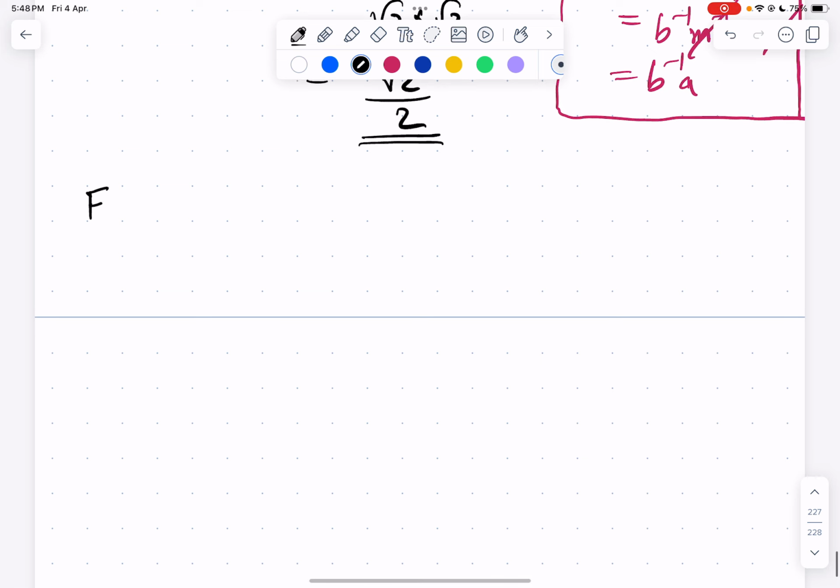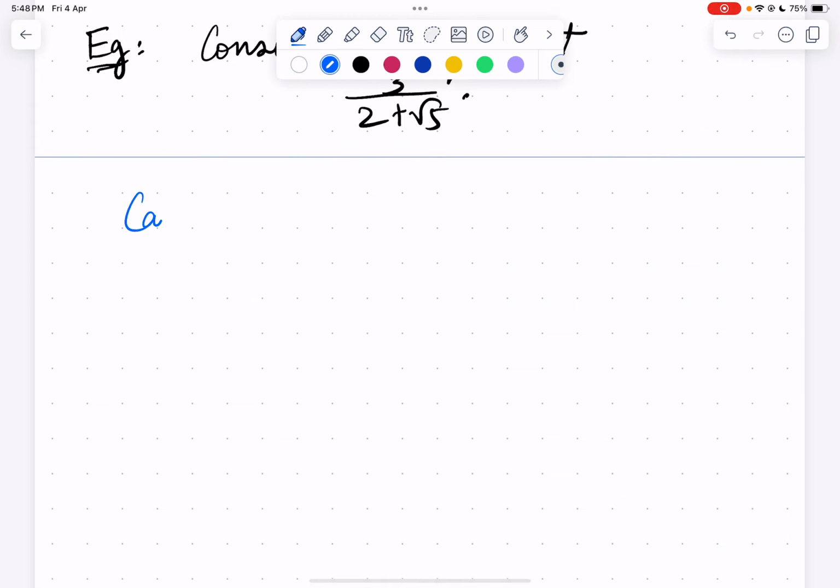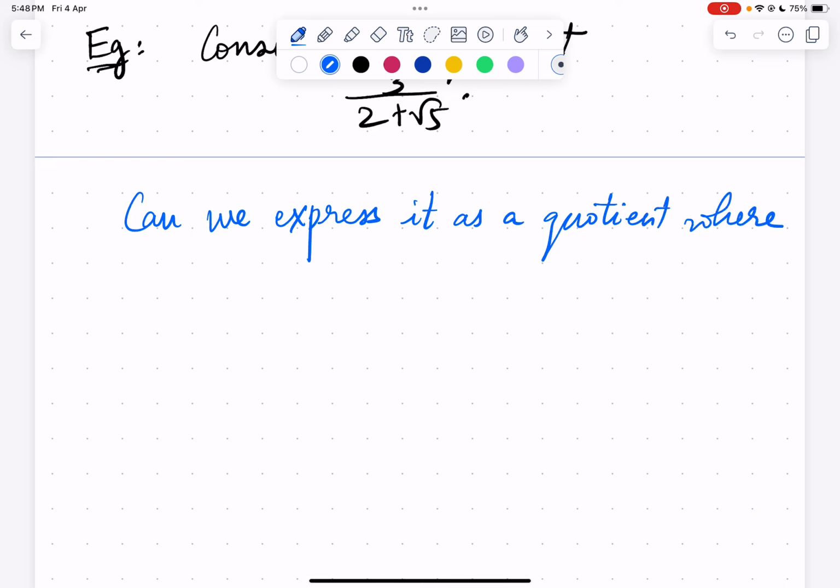So another example. Consider the quotient 3 by 2 plus root 5. We can ask the same question: can we express it as a quotient where the denominator is rational?